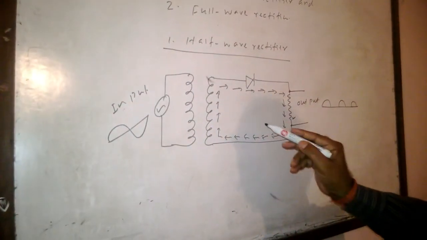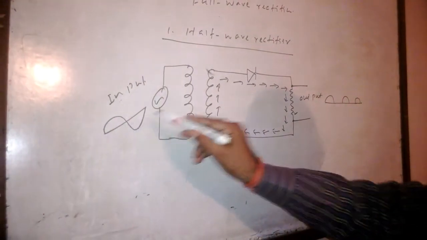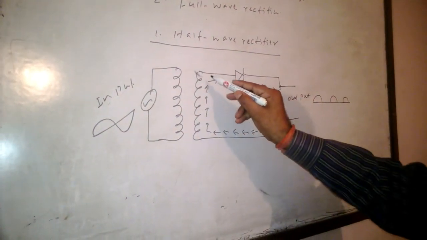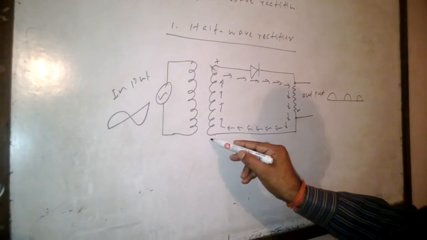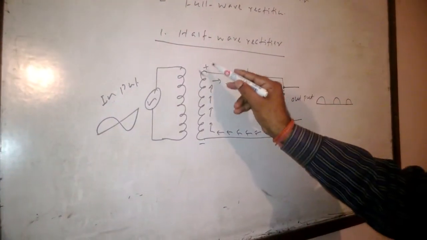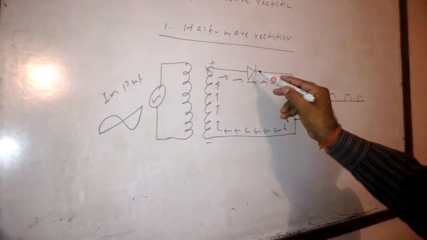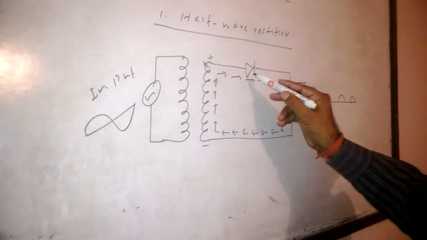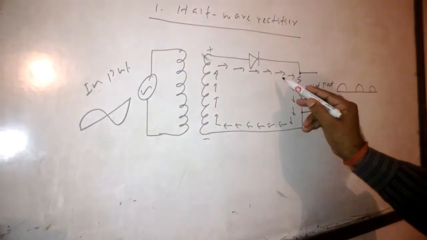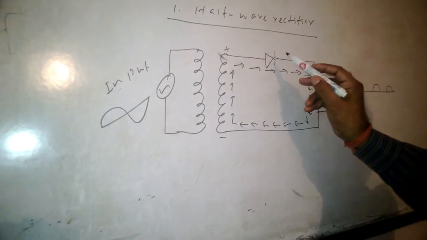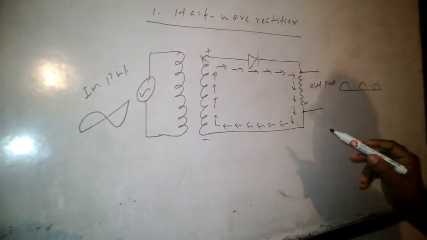When the terminal of secondary remains at positive potential, the diode conducts electricity because the diode is in forward bias.